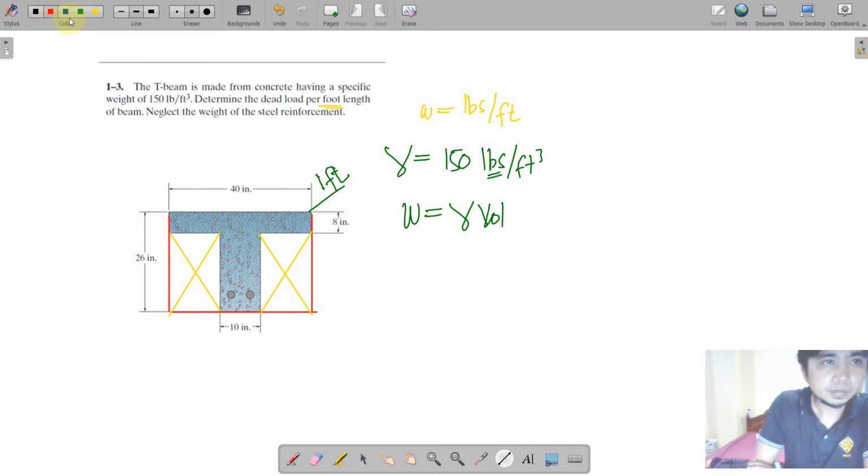Now let us have the dimension of this hollow or this space here. We need to deduct this rectangle. Of course, we need to have the dimension of that one. So if this is 40 minus 10, that is 30, that is to be divided by 2. 40 minus 10 is 30 divided by 2, that is 15.